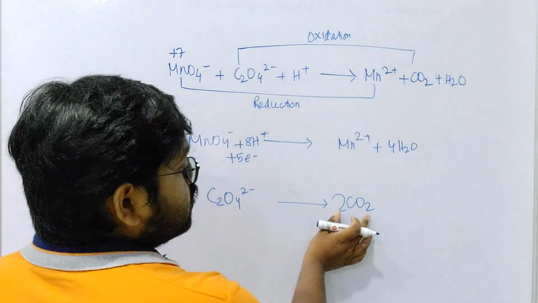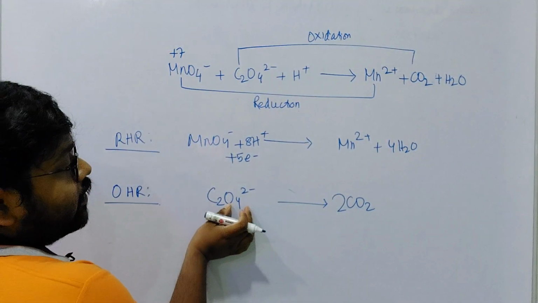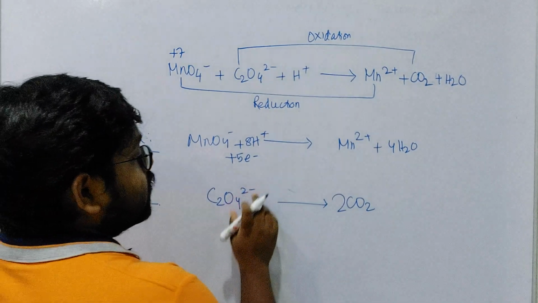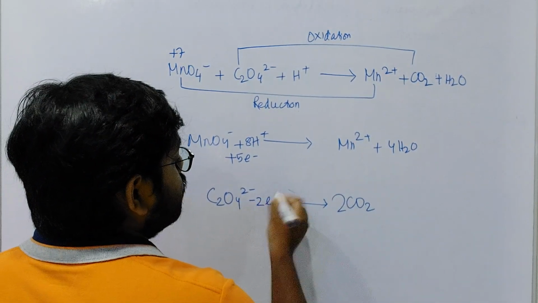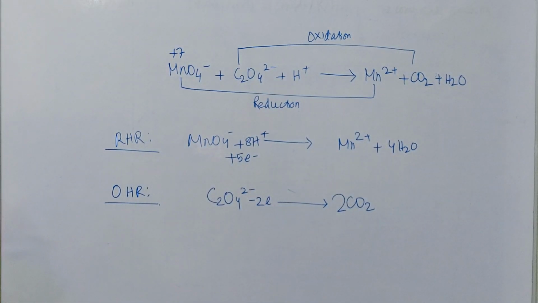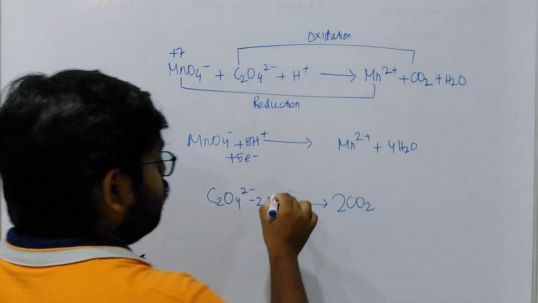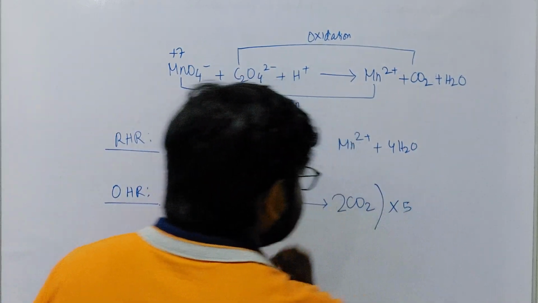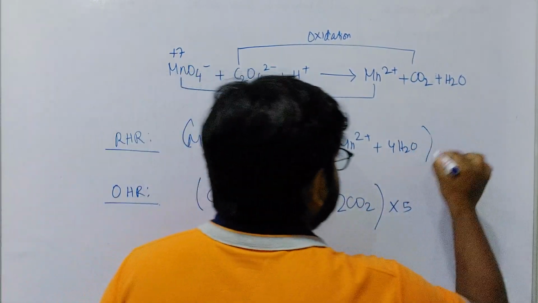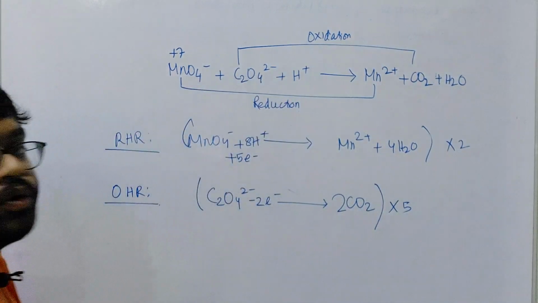See, number of oxygen is balanced, 4. On this side also it is 4. Only the charge, 2 minus, here it is neutral. So remove the 2 electrons from this side. That's it, it is balanced. Now 5 electrons, 2 electrons. Just multiply the reduction equation by 5 and the oxidation equation by 2.